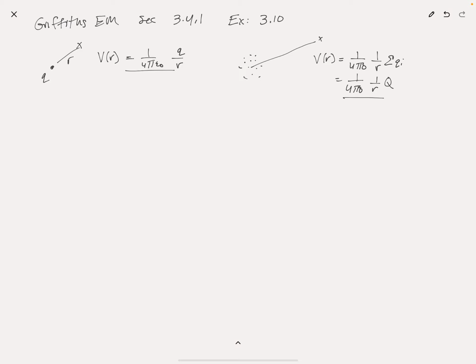Now, what if I have two charges? Let's say that one is a minus Q and one's a plus Q, and I want to know what the potential is at some point in space. These above expressions would tell us that it's related to the total charge of my distribution, 1 over r times 0, because that's my total charge.